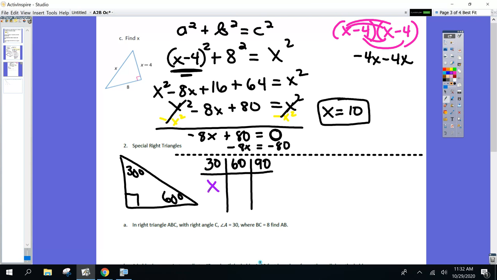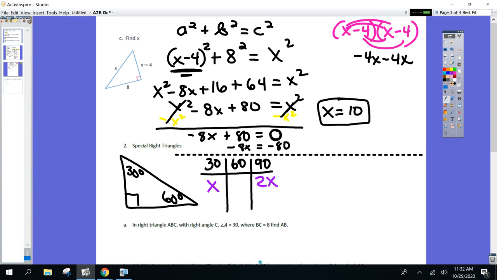It has a relationship with the side across from 90. Ready? Listen to this carefully. The side across from 90 is always double the side across from 30. So I'm going to put a 2x here.